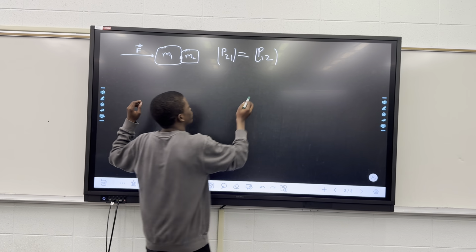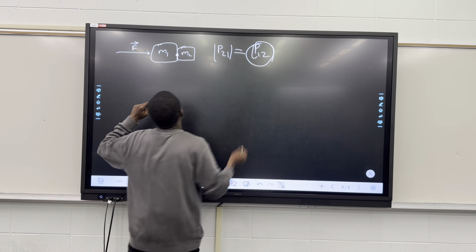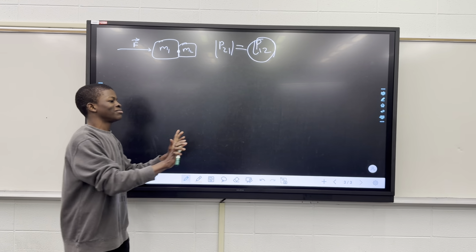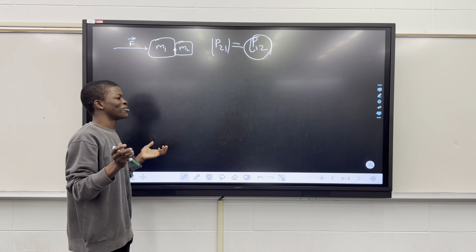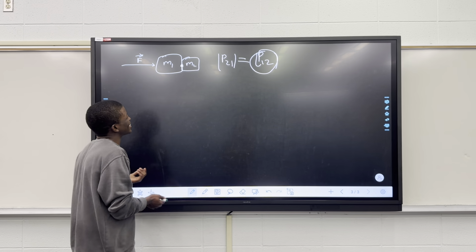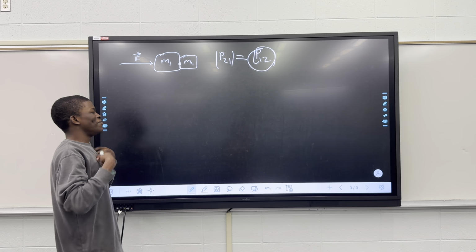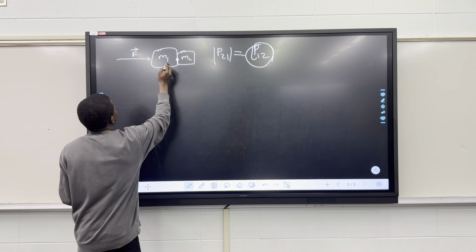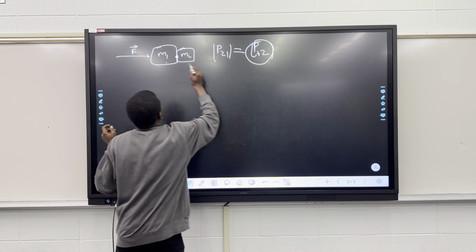Now we are going to be finding the contact force, which is the force that M1 is exerting on M2. Imagine if I'm pushing something, the contact force is the force I am exerting on that thing. So we are saying the force M1 is exerting on M2.